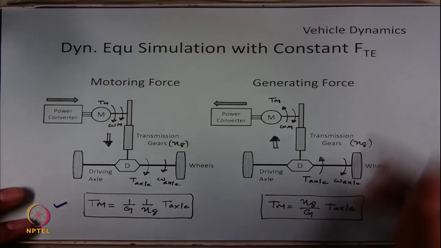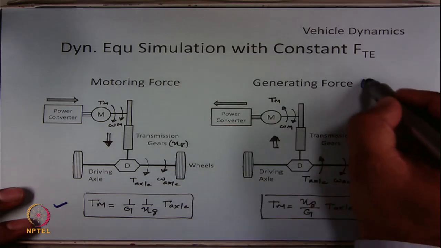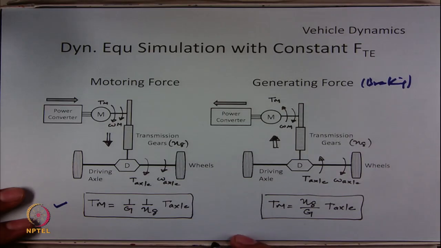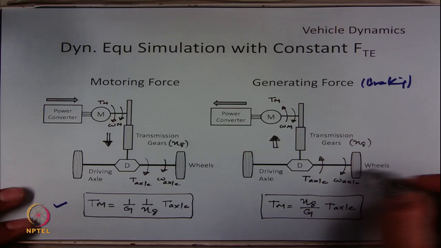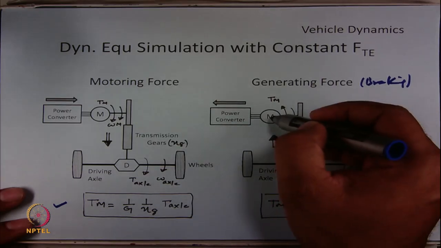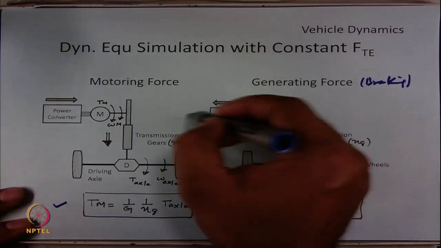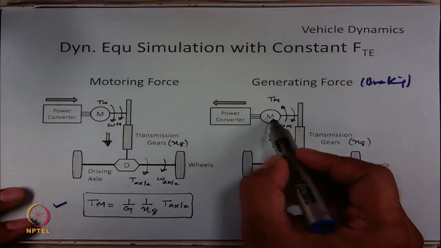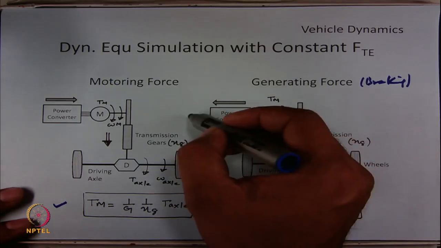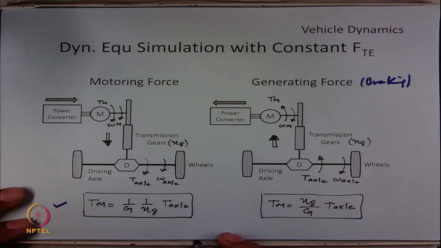But in case of generation or braking operation, the power flow happens from wheel through gears to the motor, power converter and battery. So, motor will operate as generator and the power is absorbed from the wheels and given to the battery using power converter.